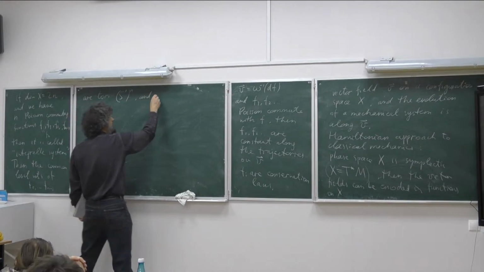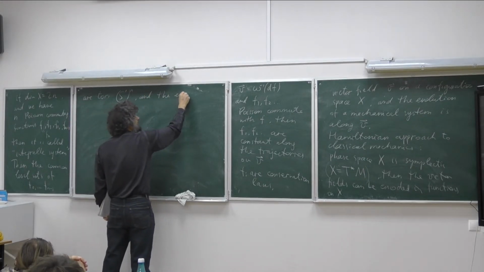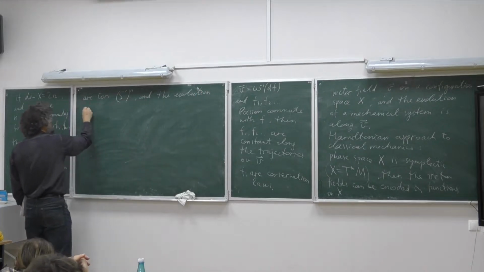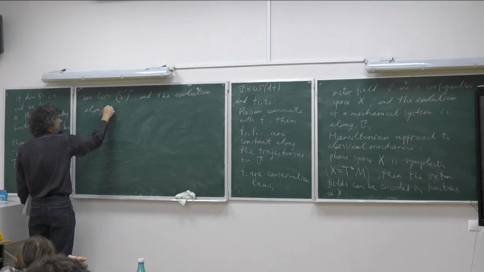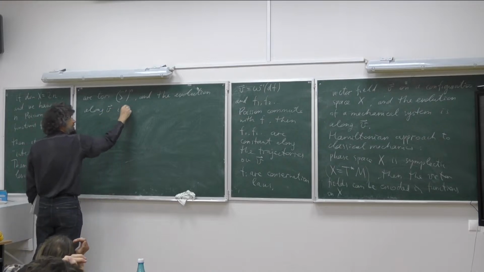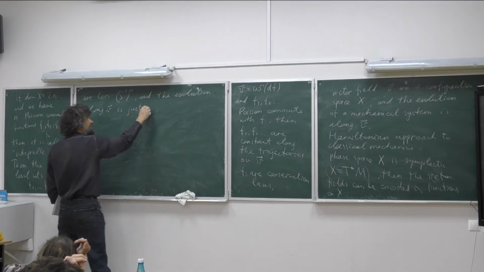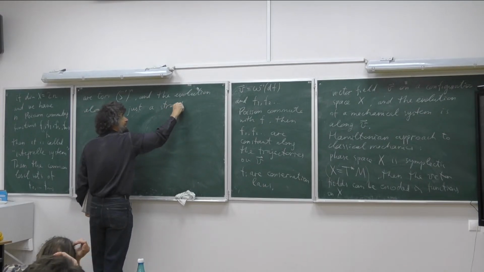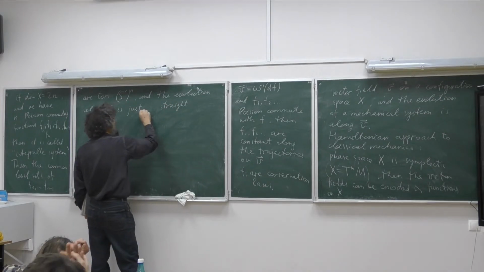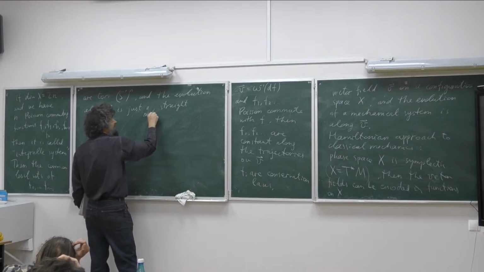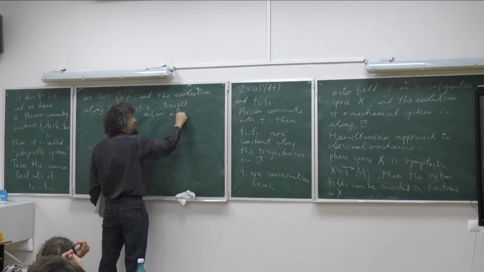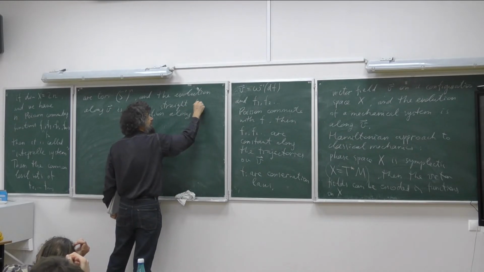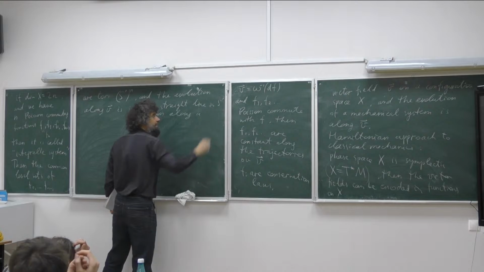And the evolution along V is just, so to say, a straight motion along a straight line in S1.